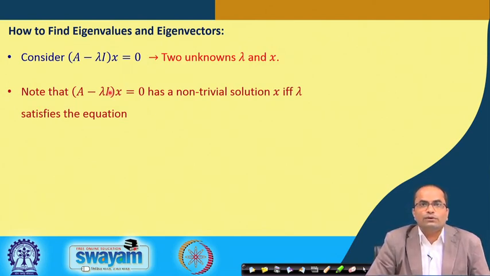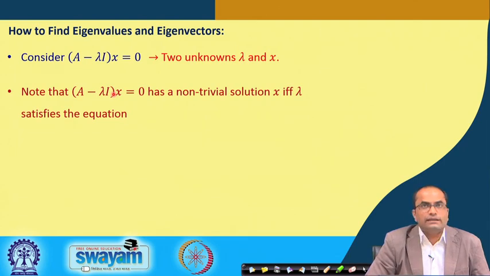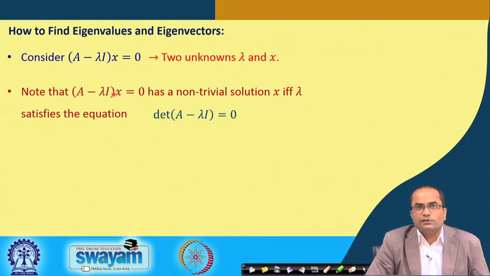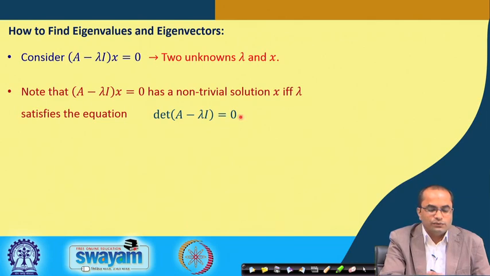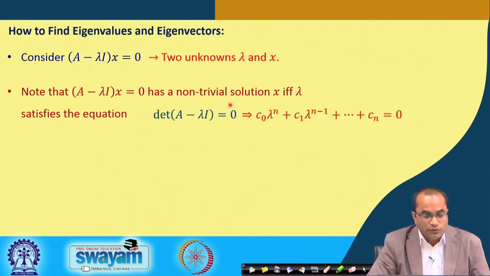But we are looking for a non-trivial solution, so the determinant of the A minus lambda I matrix must be 0. So, we got another condition, the determinant of A minus lambda I is equal to 0.